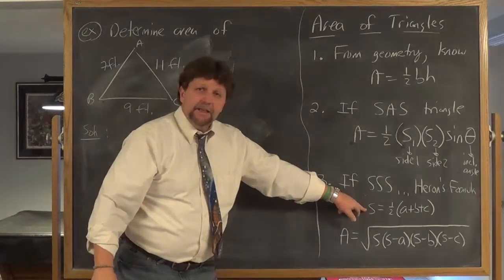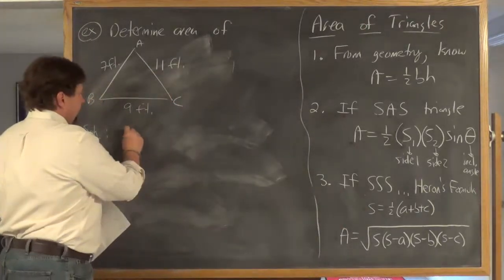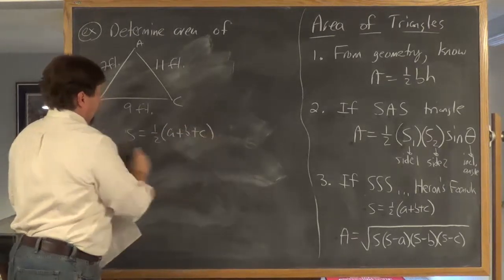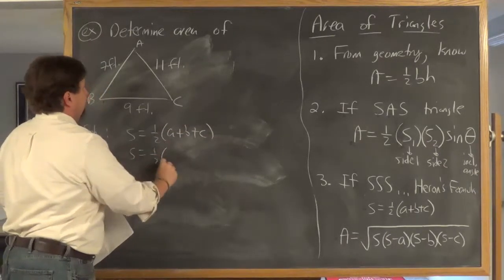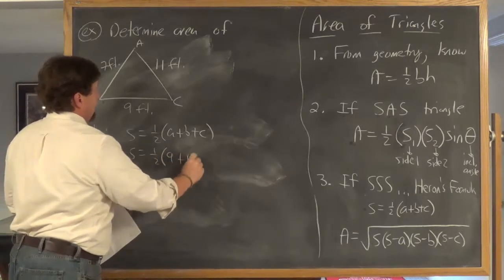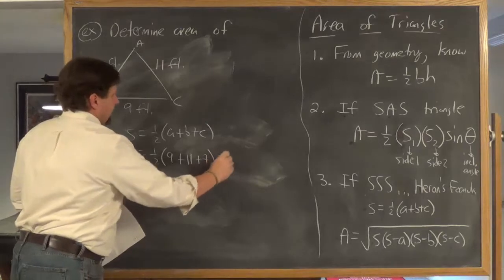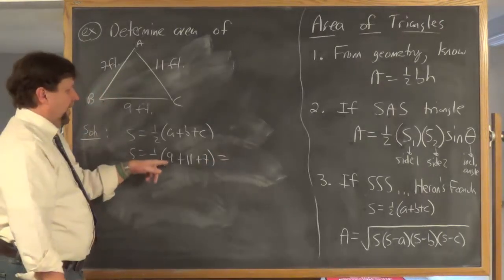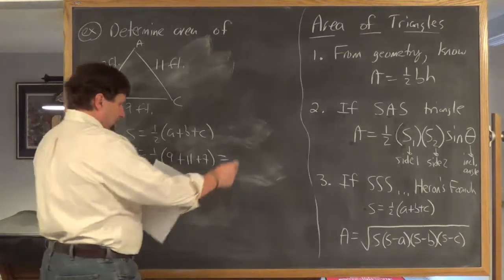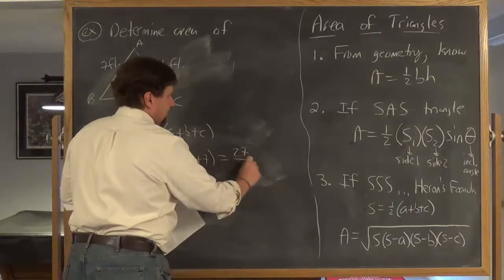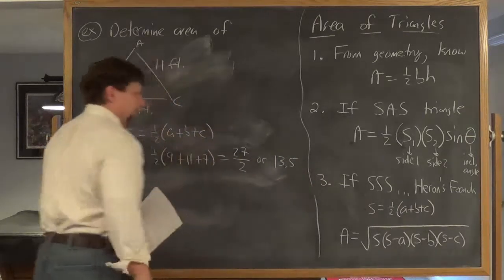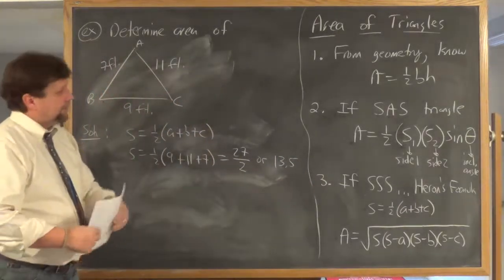Here it's 1/2 times 9 plus 11 plus 7, and I get 27 halves. So the semi-perimeter is 27 halves, or if you prefer the decimal, 13.5.